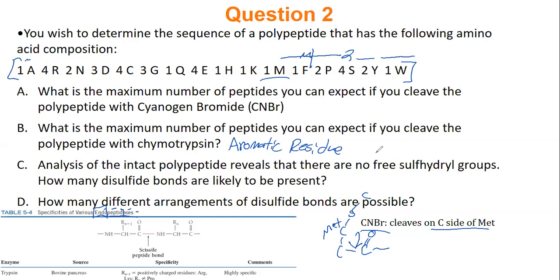So based on this, if I'm using chymotrypsin that will cut after any aromatic residue, what is the maximum number of peptides I can expect if I used chymotrypsin? So here's a good review of your 1-letter amino acid codes.